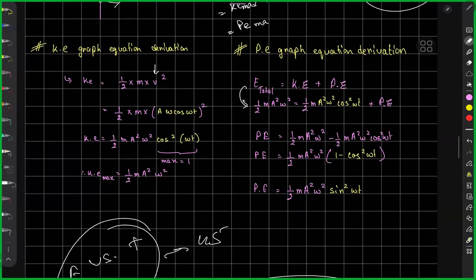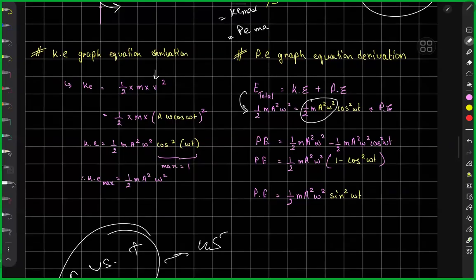I take the kinetic energy part to the left hand side, and I have this over here. So the potential energy went to the left hand side. Clear if you're following me?